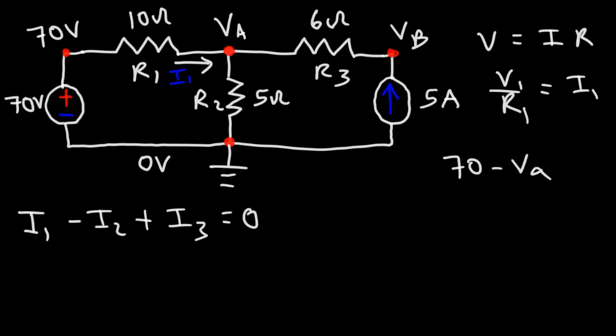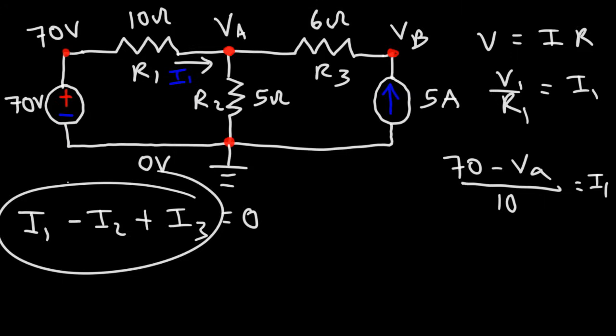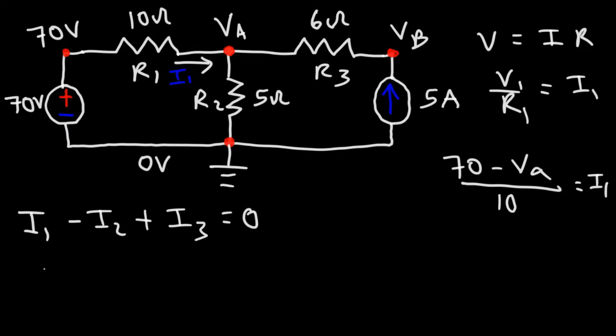The current will always flow from a high electric potential to a low electric potential. It's always going to work out that way. Now we're going to divide this by R1. R1 is 10, and that's going to give us I1. So that's how we're going to calculate the currents in this equation. So let's replace I1 with 70 minus VA over 10.